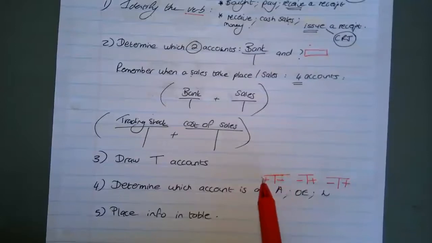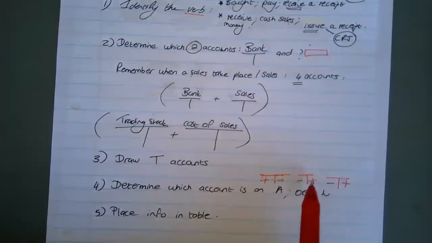The left side is always the debit side, and the right-hand side is always the credit side. So assets increase on the debit side and decrease on the credit side. Owner's equity is an expense on the debit side and it is an income on the credit side. Remember, owner's equity is all your income and your expenses.